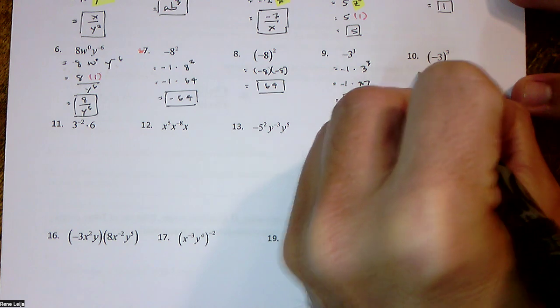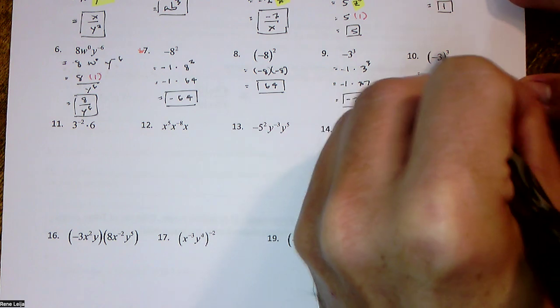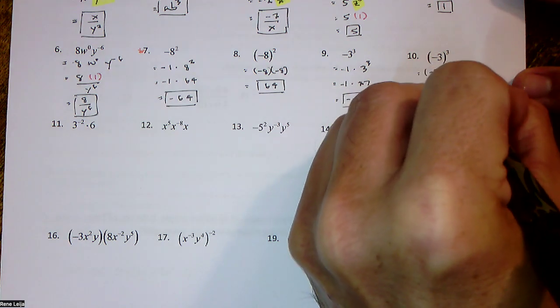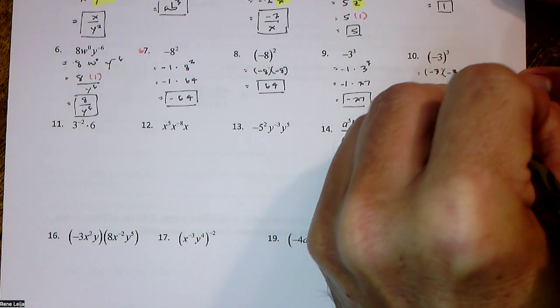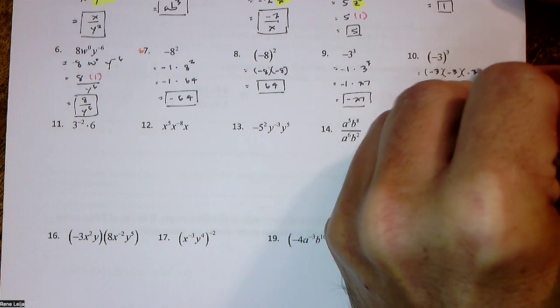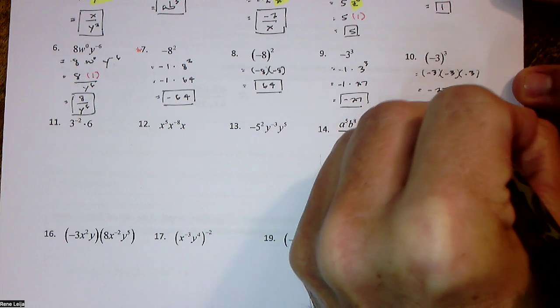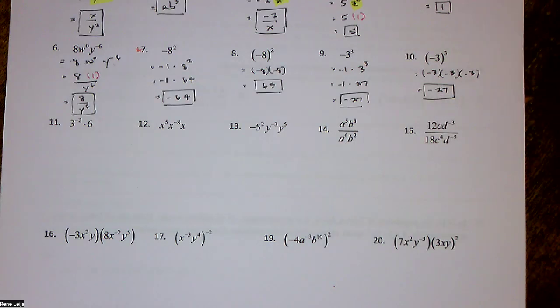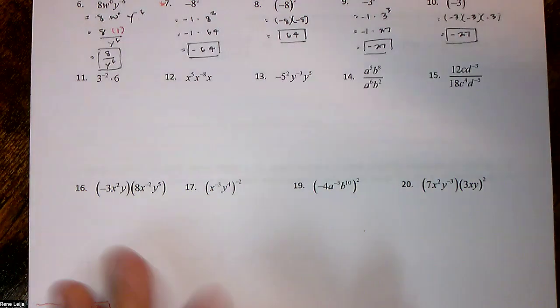And then number 10, the 3 exponent is touching my base of negative 3. So that means I have negative 3 times negative 3 times negative 3. And again, that's going to give me a negative 27. So you luck out when your exponent is odd. But when it's even, you have to be very, very careful.